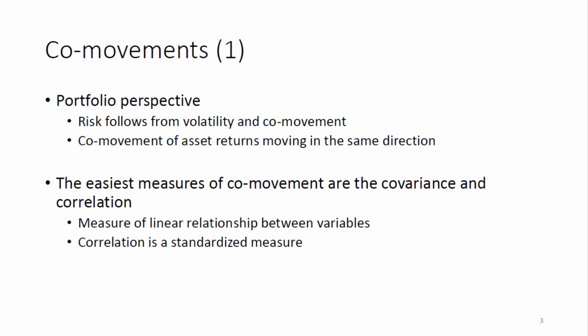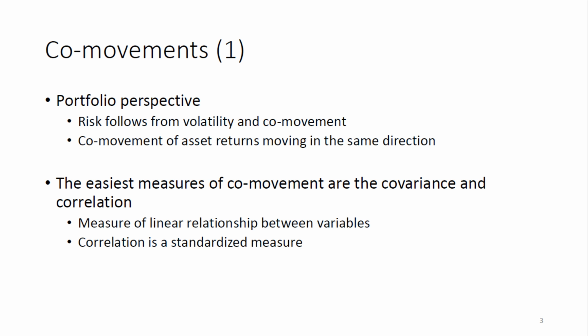Because if there is a large propensity of the assets to move in the same direction, then that's unfavorable from a portfolio perspective, because then if there is an asset that has a negative return and then more of the other assets also will have a negative return, that enlarges the total loss of the portfolio.